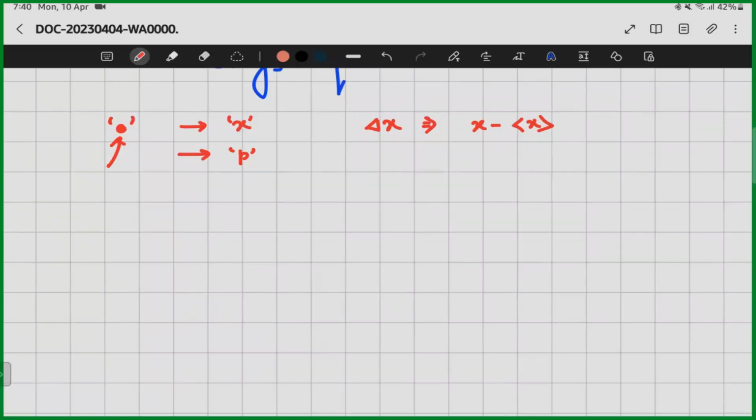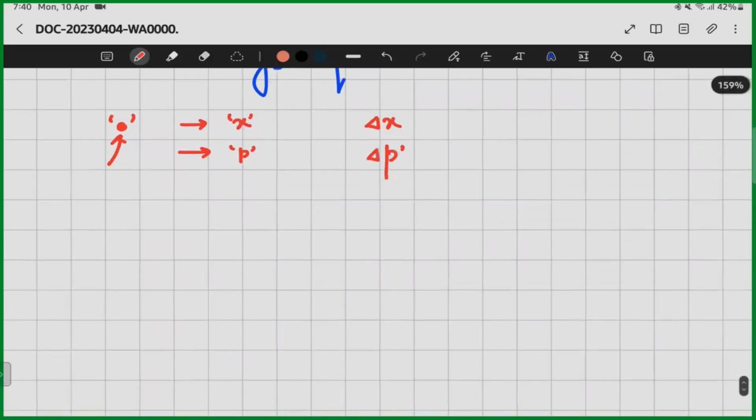So what is the deviation? We have studied standard deviation and variation in mathematics. It's the same thing. The deviations are 40, 10, 0, 50. This deviation essentially signifies the uncertainty. That is the del x.